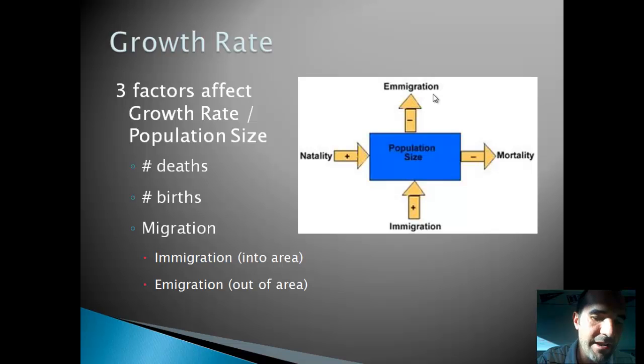Starts with the letter I. So immigration is moving in. Emigration is moving out of an area. I don't have a clever letter to use for emigration, but if you know immigration, you know the other. And that's organisms moving out of an area. So we know that organisms don't stay static unless there was a fence keeping them in. They're going to move across a given area of land.